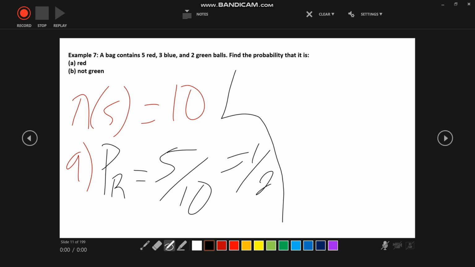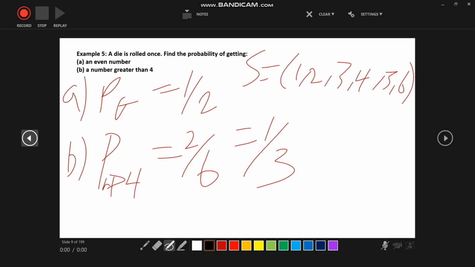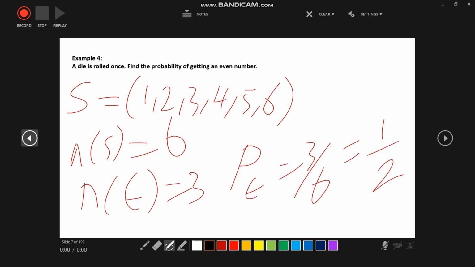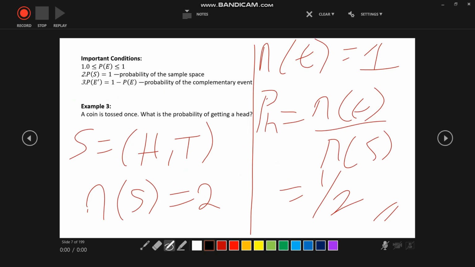Then for question B, you have to find the probability that it is not green. Now, from this important condition that I explained, this first one. Now this second one, probability of sample space is equal to 1. The meaning is that if you add each sample point together, then they will give you 1.